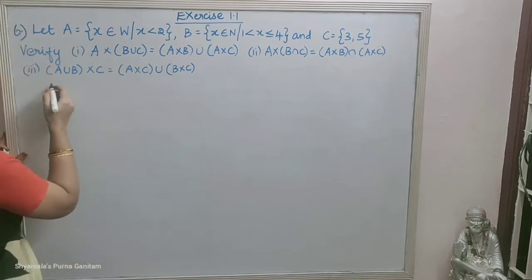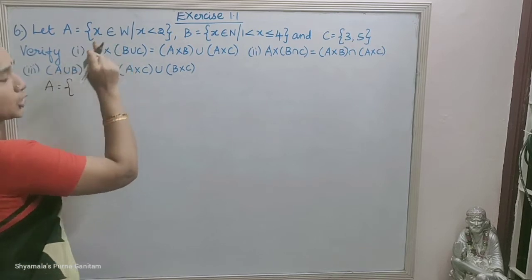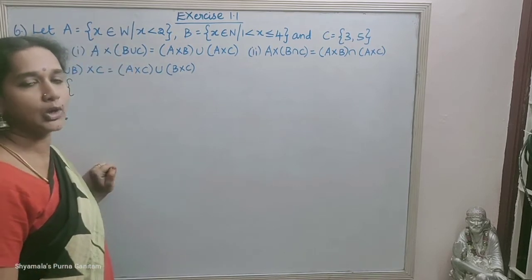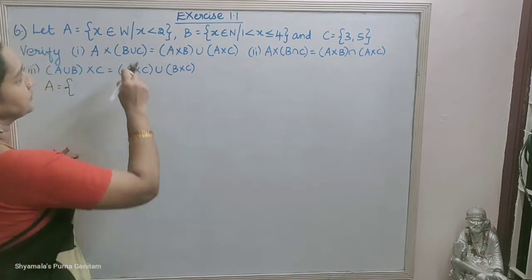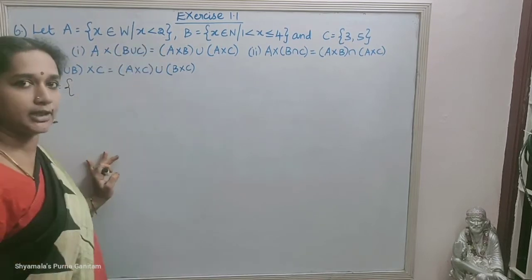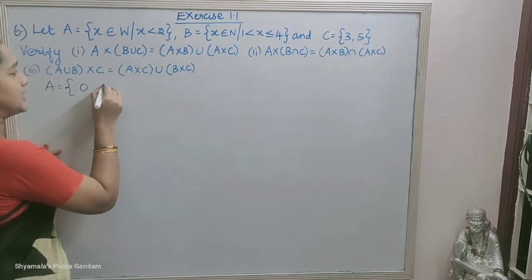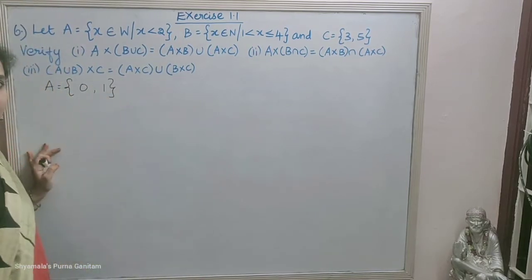First we will find the values of A and B. A is x belongs to W, where W means whole numbers, so it starts from 0, and x is less than 2. So the elements are 0 and 1. These are the 2 elements.